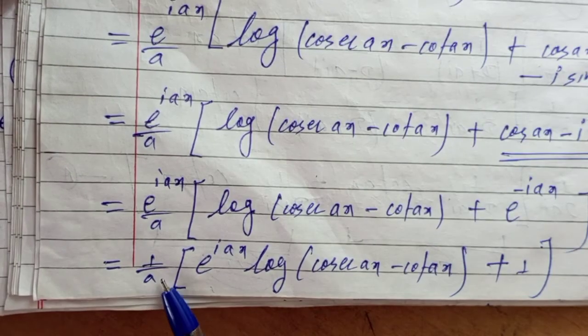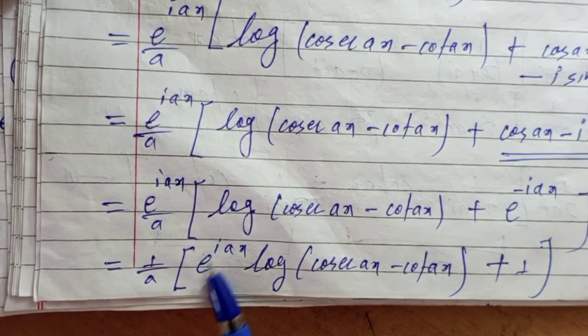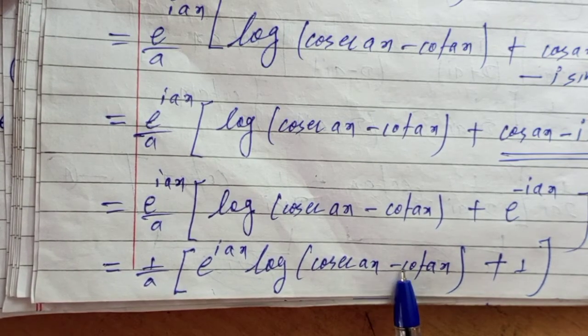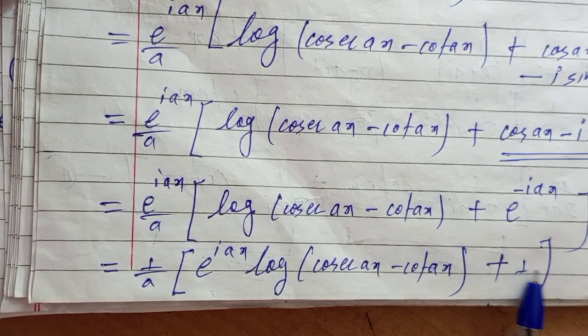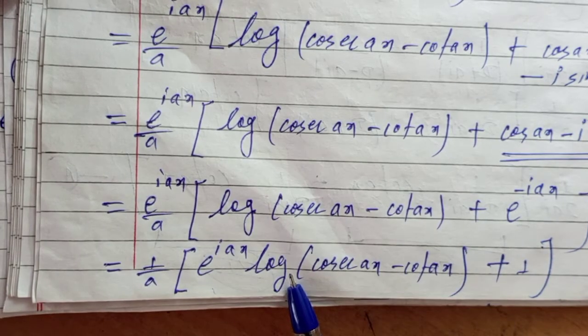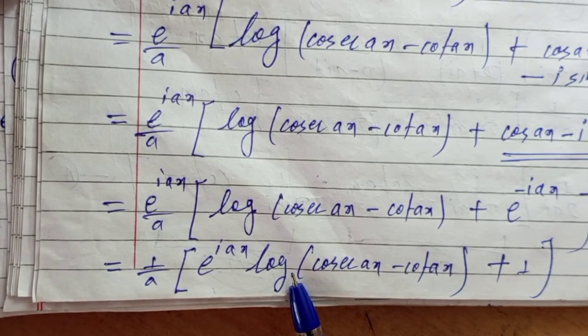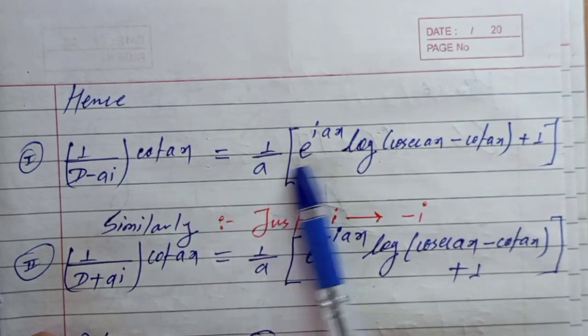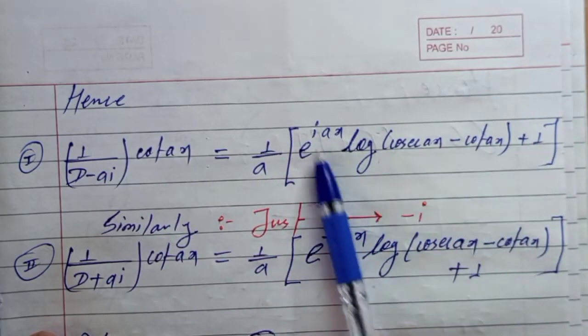Hence our final expression is like this: 1 by a bracket e to the power iax log bracket cosec ax minus cot ax plus 1. So this was the value of 1 by D minus ai cot ax, which is this one.